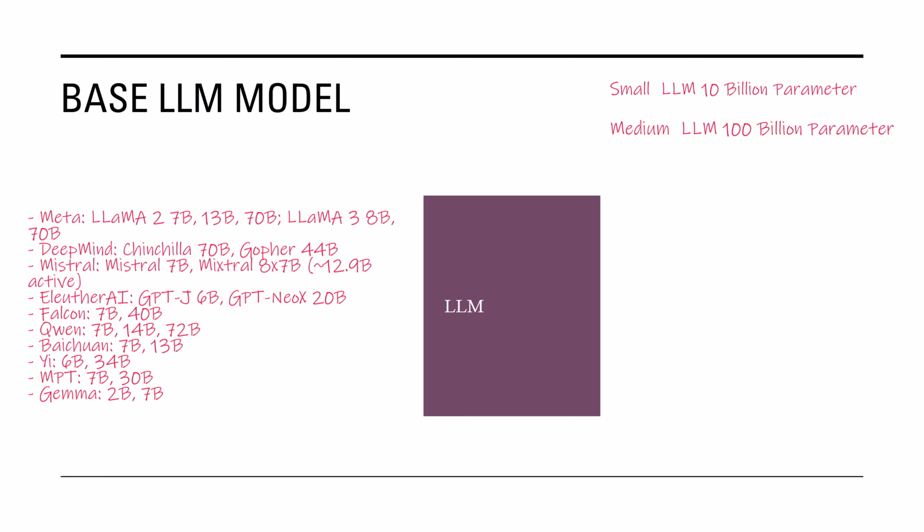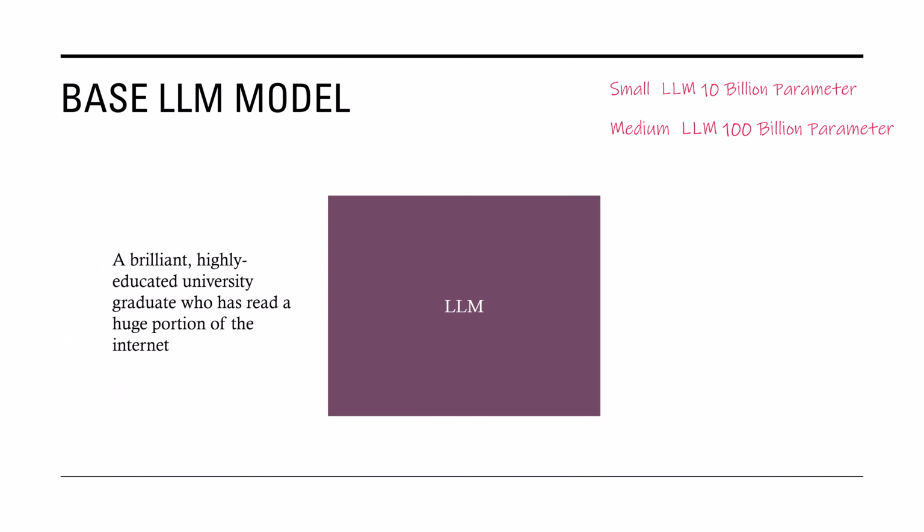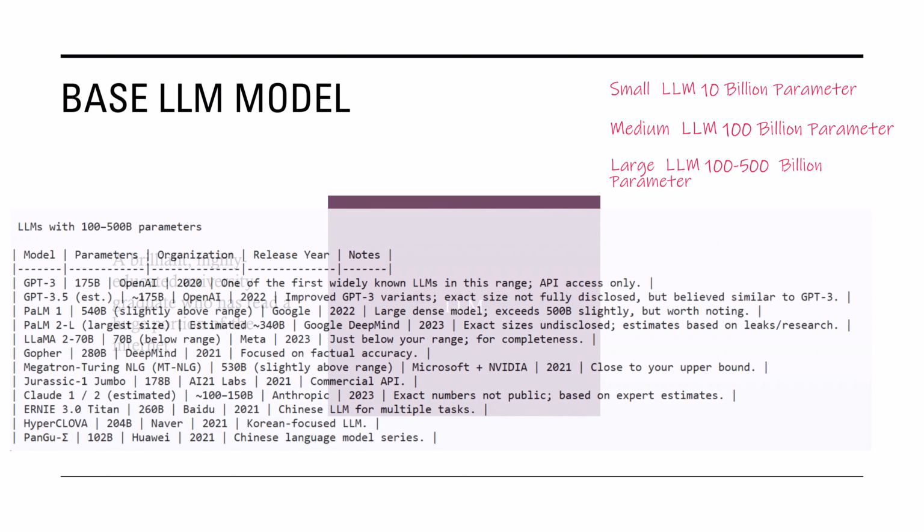Common in open source releases, you will find these medium size models where the size is 10 to 100 billion parameters. And large models will be 100 to 500 billion parameters. They are high performance for broad tasks like creative writing or analysis, but very resource intensive.